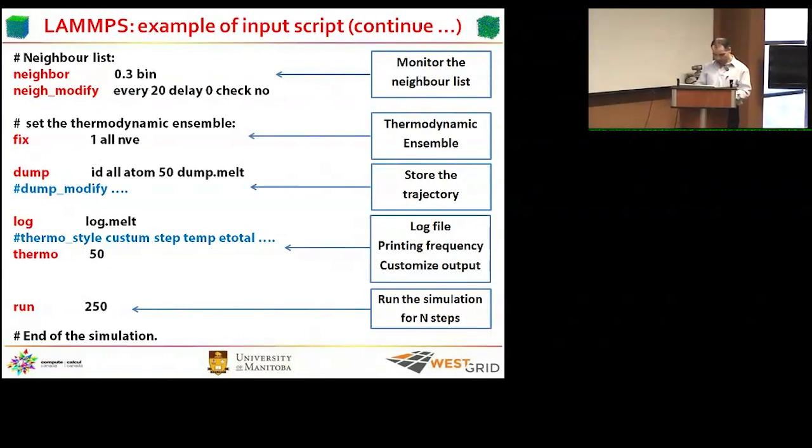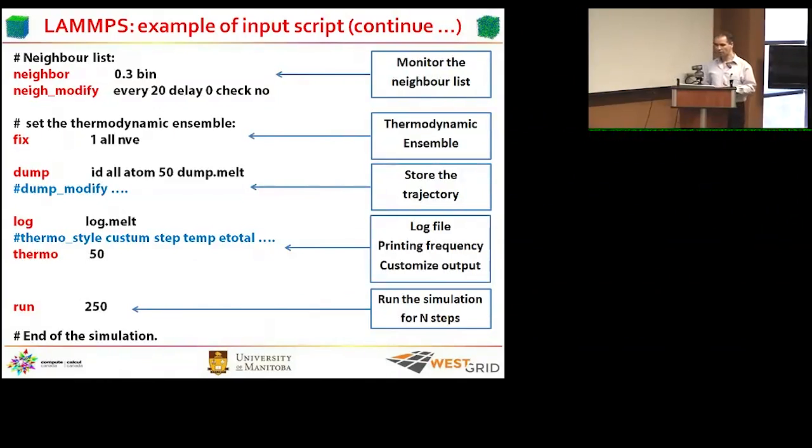And then once you have all these parameters set, now you have to fix which ensemble you use. For example, in this we have fix all NVE. So all the simulation will be in the NVE ensemble. Then there are some commands. For example, dump. Dump here is to store the trajectory.